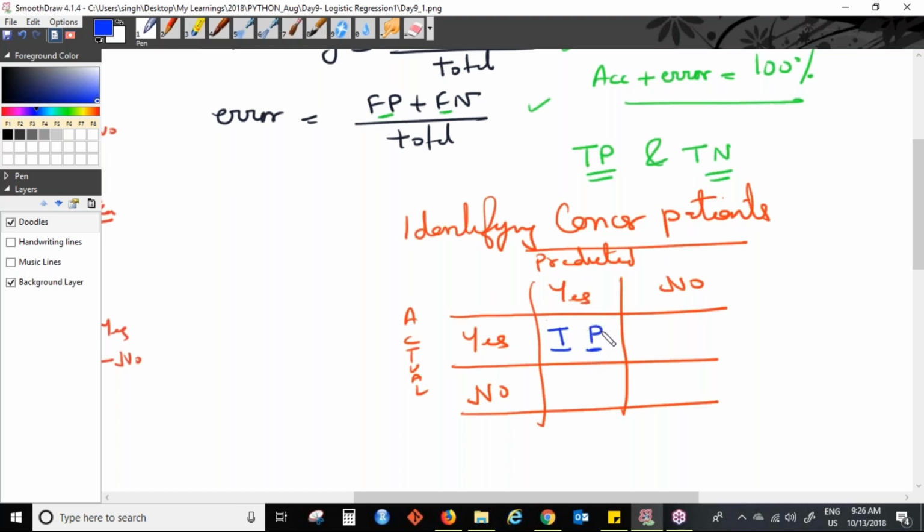It is a yes, so the second word is positive, and both are matching, so it is true. True positive, and it is good for us. Similarly, what is the name for this? It is no, so it is negative, and false negative. Similarly, this one is false positive and this one is true negative.